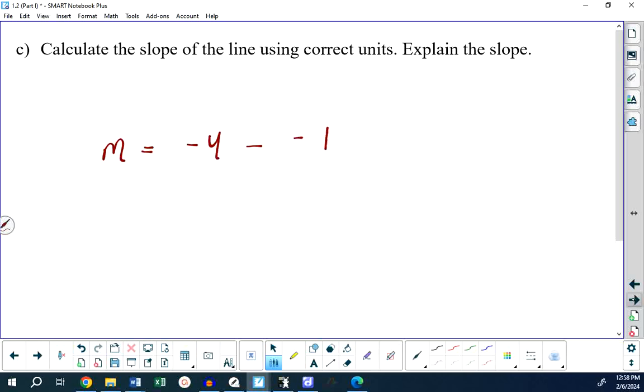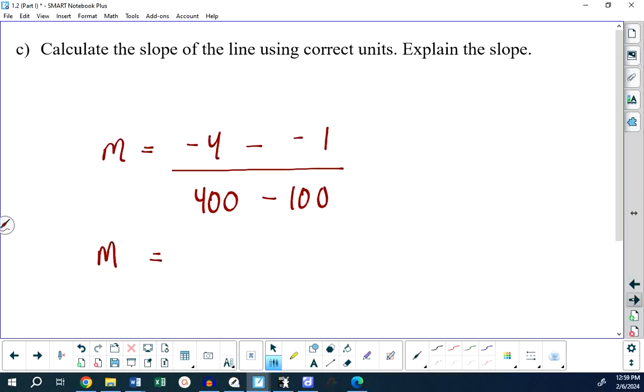And if I do the y coordinate on the right minus the y coordinate on the left, then for x, I have to go this x minus this x. So I have to go over 400 minus 100. Good?